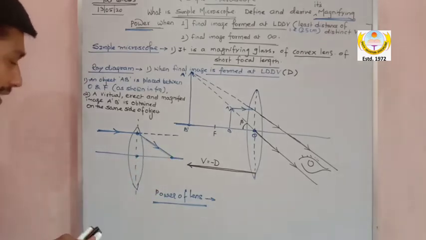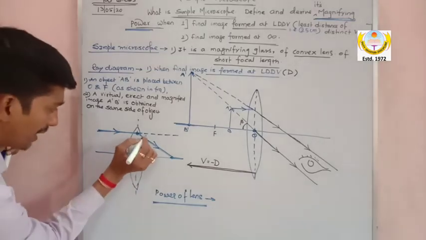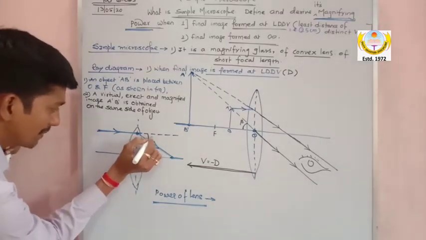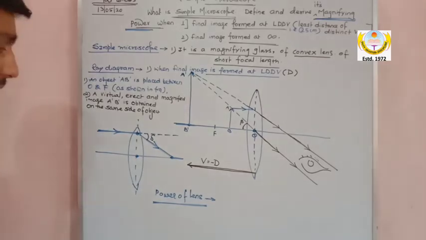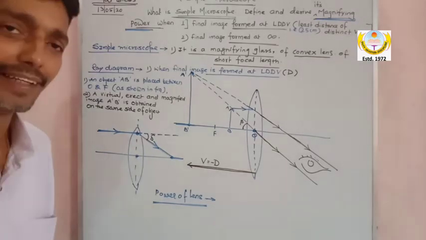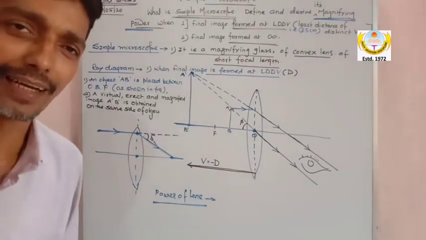Now my dear, here is an angle, that angle is called delta. Remember, we have done this topic in the Zoom meeting, that power of lens is not only the reciprocal of focal length as in class 10.